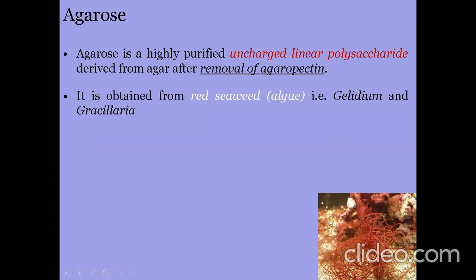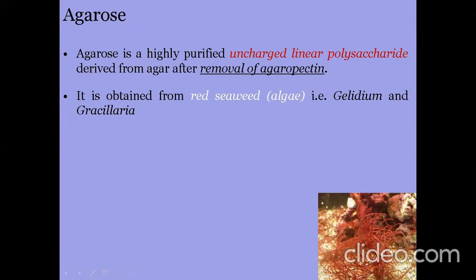You can see the plant, this is a seaweed, red seaweed, and from this red seaweed we obtain agar, which is a solidifying agent. In plant tissue culture, agar is used, and it doesn't have any charge. If we remove agaropectin from the agar, we get agarose.